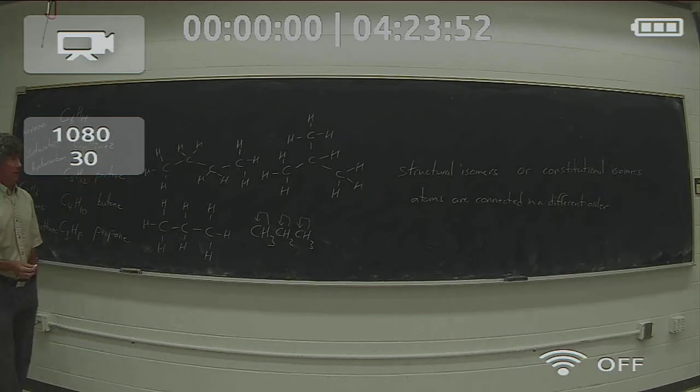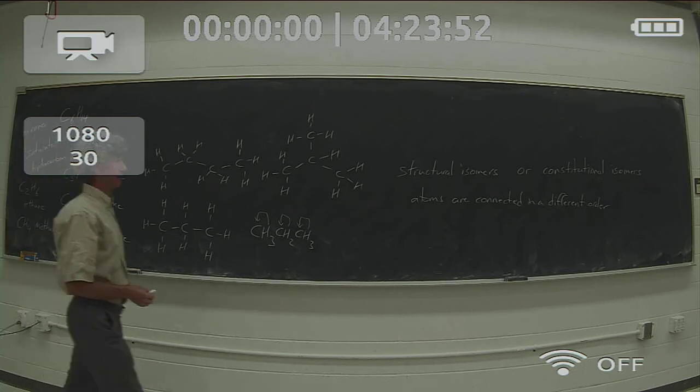In general chemistry, you would have learned that subsets of structural isomers are coordination sphere and linkage isomers.